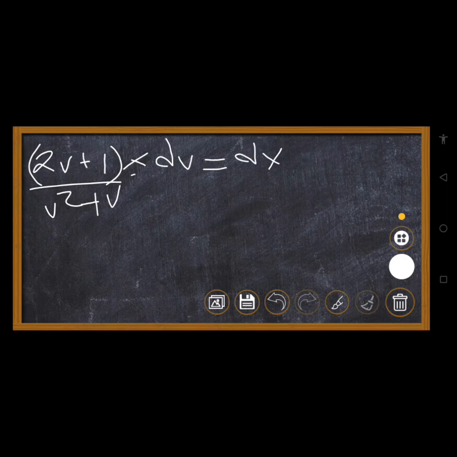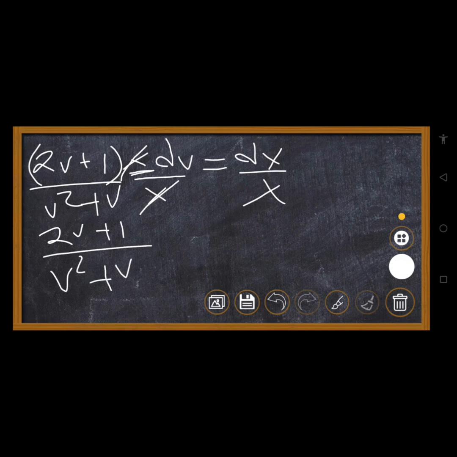Remember we have a coefficient x here, so we have to divide by x, even here over x. So we cancel this x and this x. Here we just remain with 2v plus 1 over v squared plus v dv equals 1 over x dx.